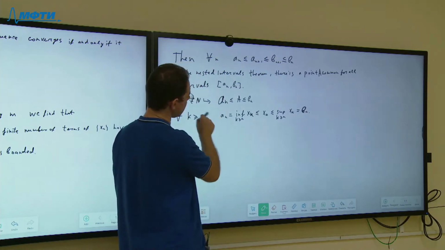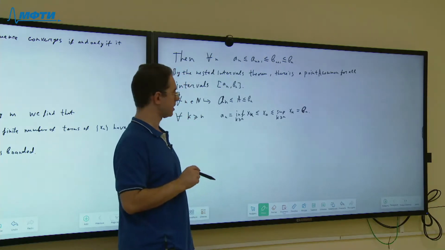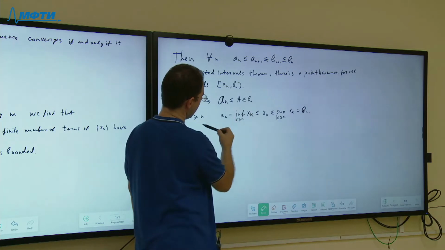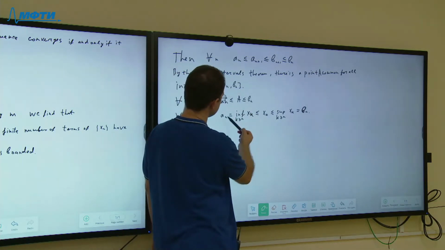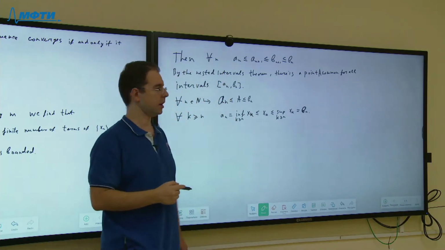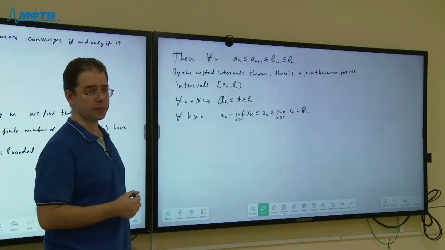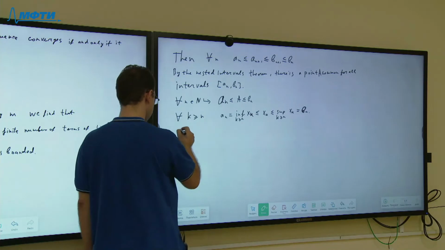Now, from the last two lines, we can see that number a is inside this interval, and also number xk is inside this interval, so less than bn and greater than an.